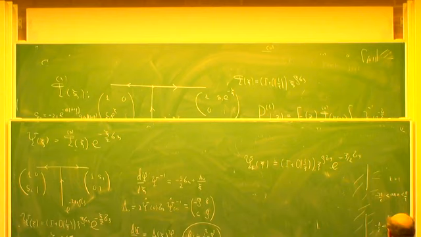Argument zeta, not z, greater than pi over 2 and less than 5 pi over 2.